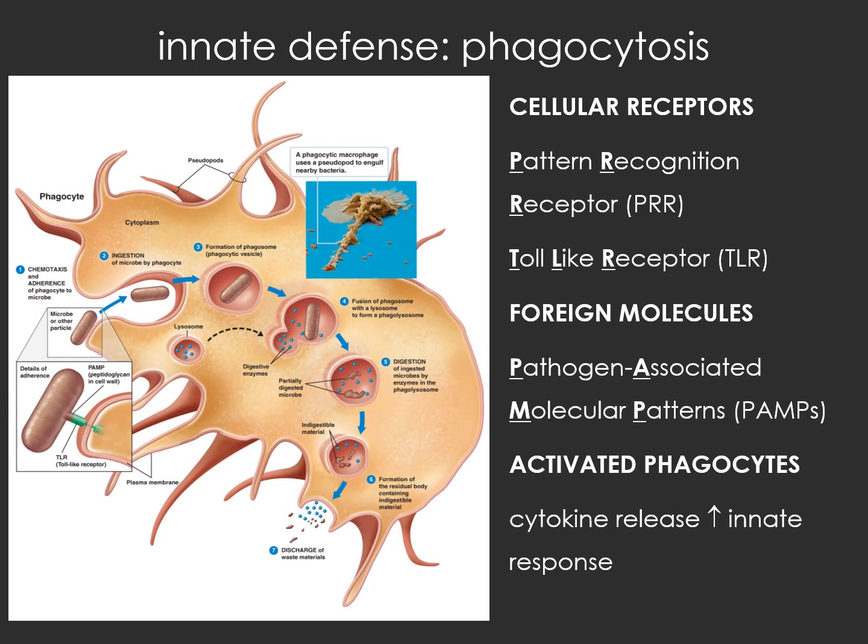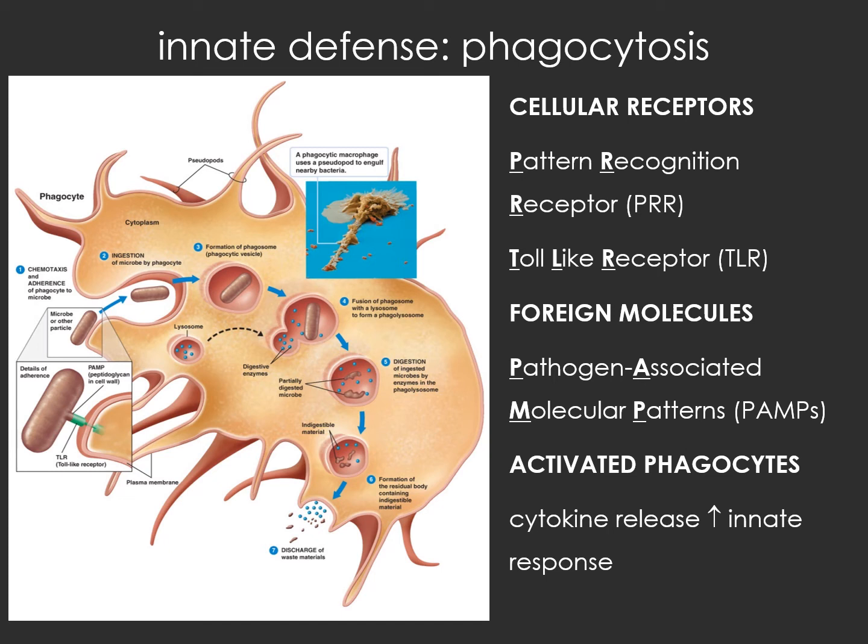So it will actually register chemical signals in the environment, and it will move toward that microorganism, and it will adhere to the microorganism. Adherence of the phagocyte to the microorganism causes the phagocyte to engulf the microorganism, right, and to ingest it into a vesicle called a phagosome, which literally means eating body.